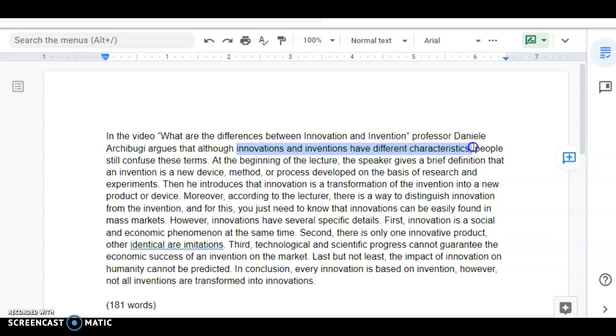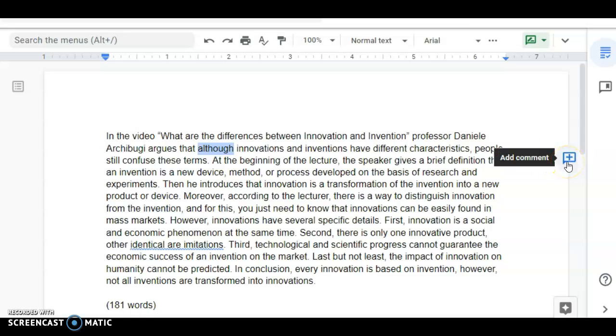So maybe to simplify it, you can just say "argues that it is important to understand the difference between innovations and inventions," or something like that. Yeah, because I guess what I'm trying to say is with this "although" here, it's a good sentence structure, but that's not really logical, right? Because they're not really opposed.